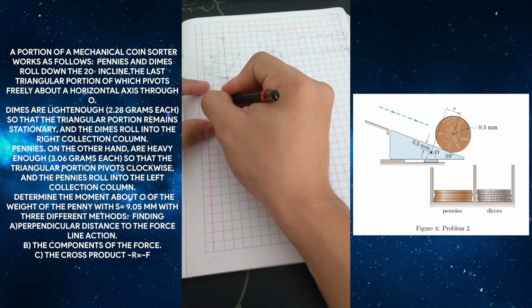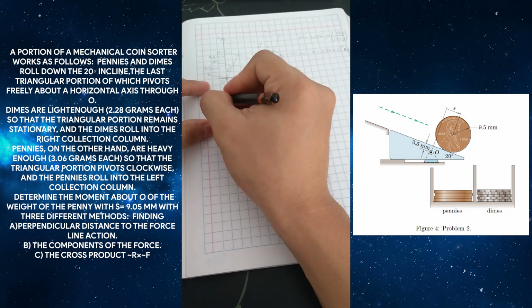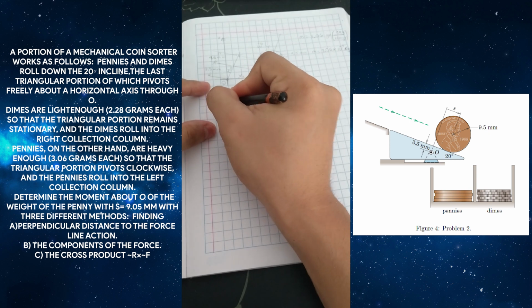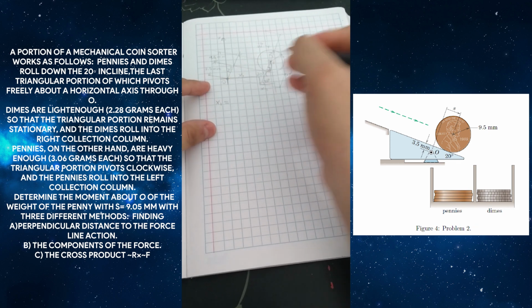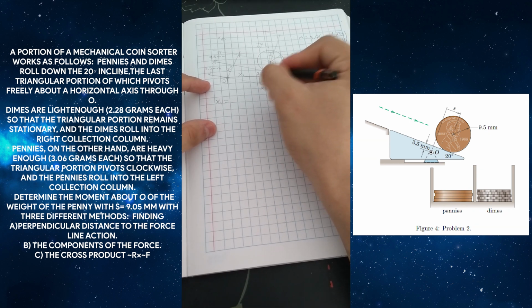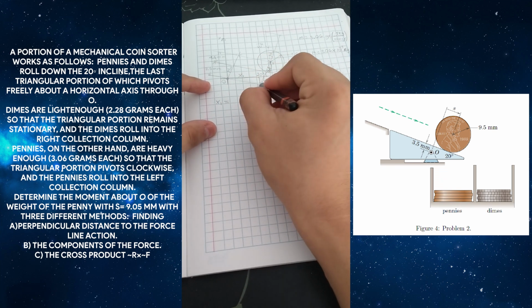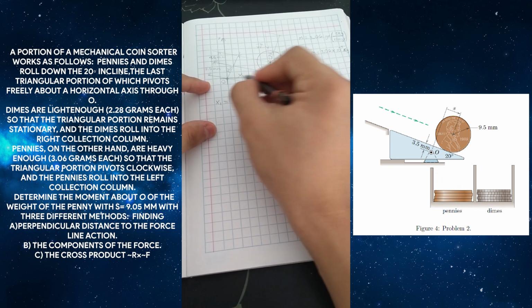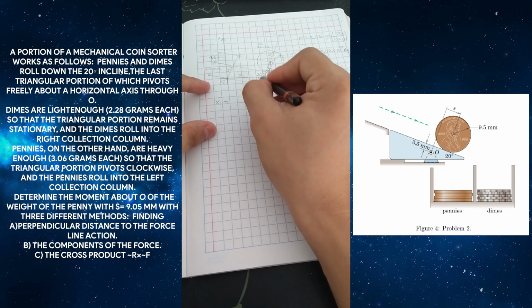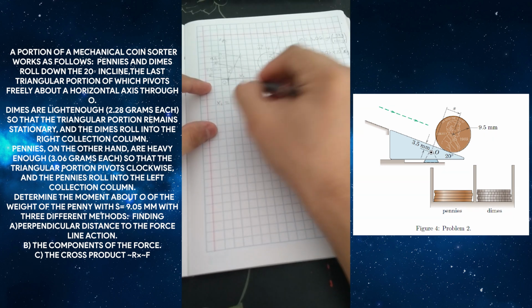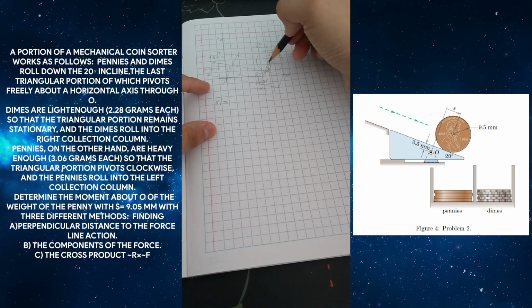So the first variable, x1, is going to be, here we have a triangle. This length is the same as this.